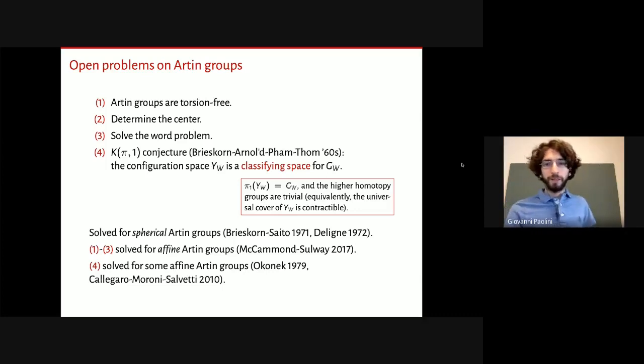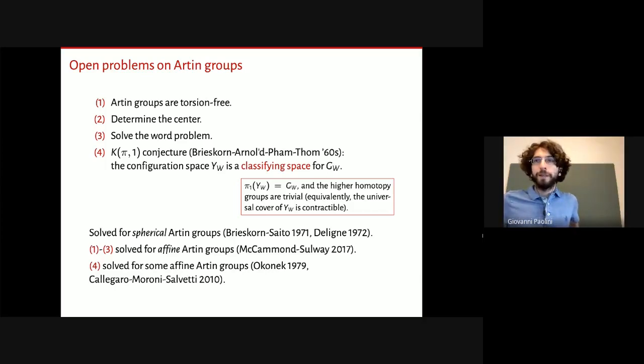Okay, so when the Coxeter group W is finite, then somehow things are easier to understand. And in these classical papers in the beginning of the 70s, it was proved that all these four problems were solved. And in particular, I should mention Deligne in 1972 proved the K-pi-1 conjecture for arbitrary spherical Artin groups.